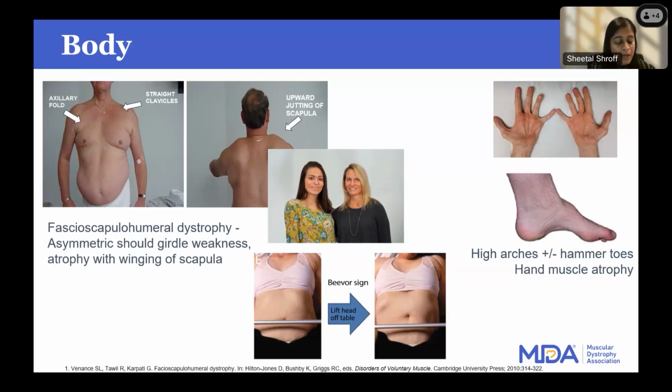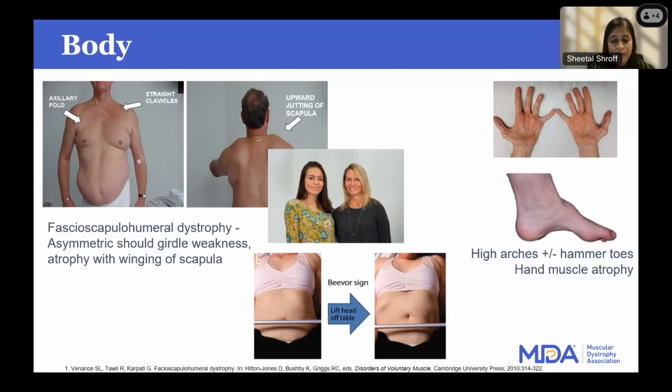When we ask her to lift the head off the bed, the umbilicus moves up, and this suggests weakness of the abdominal muscles, which results in displacement of the umbilicus when they activate by lifting the head up.